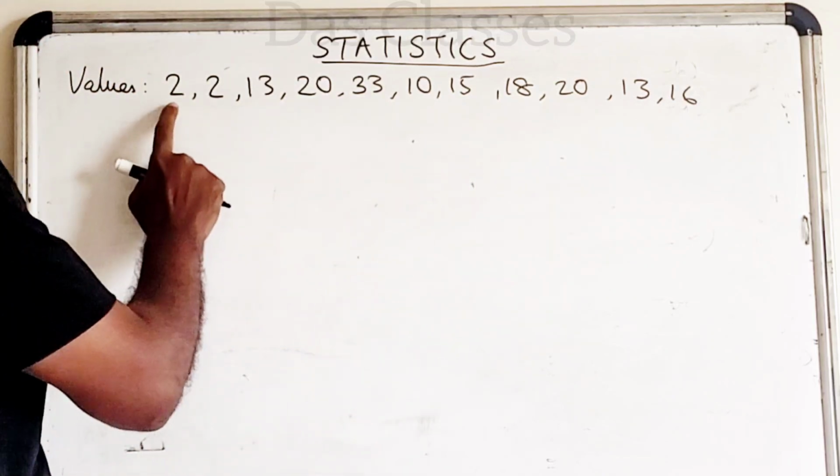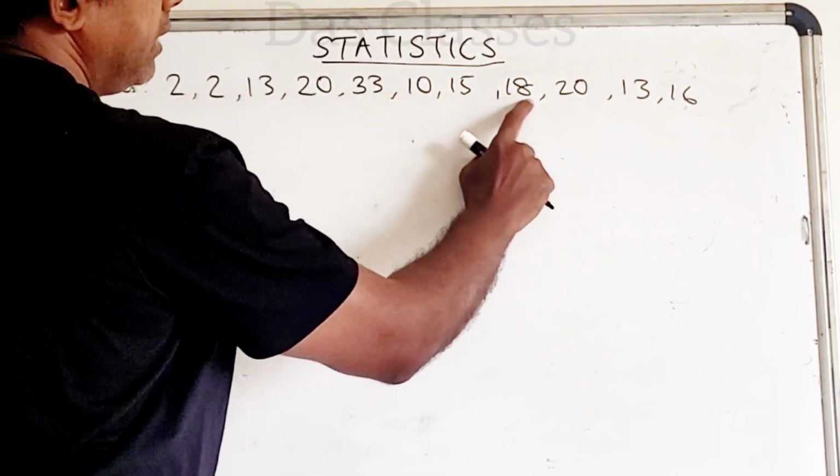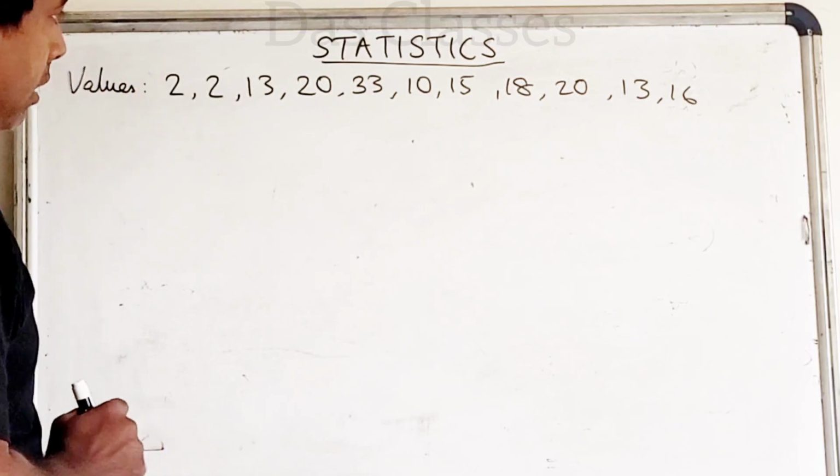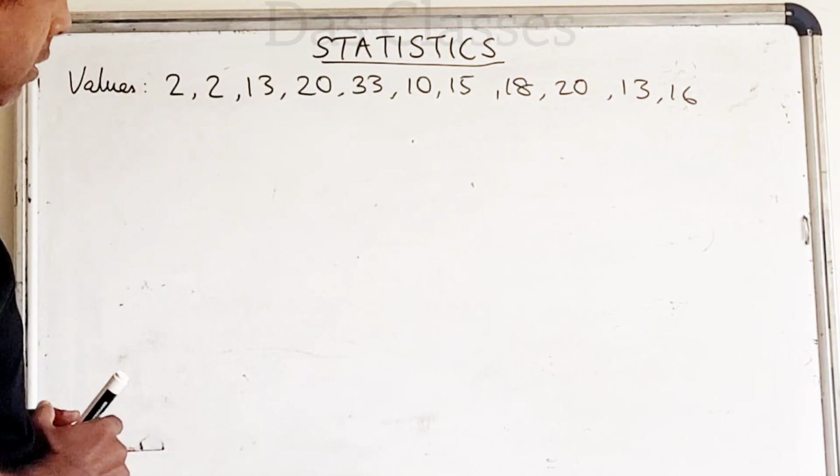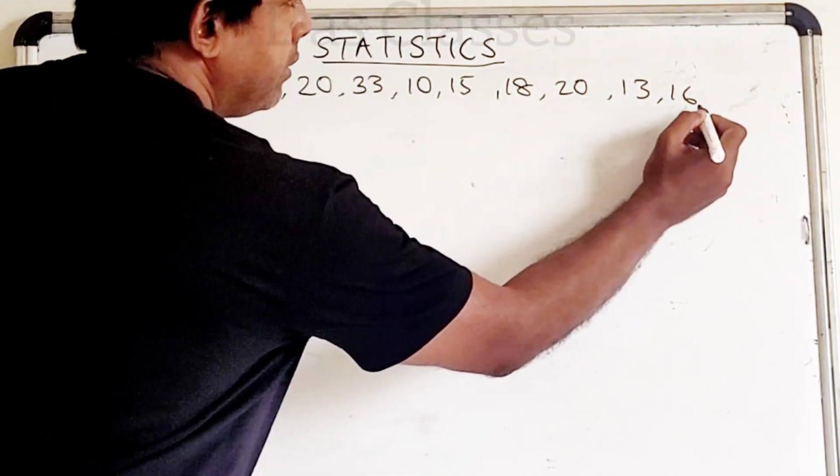So overall we have 11 values. Let's take another 10, 15, and another 20.